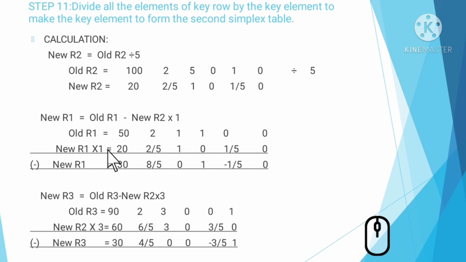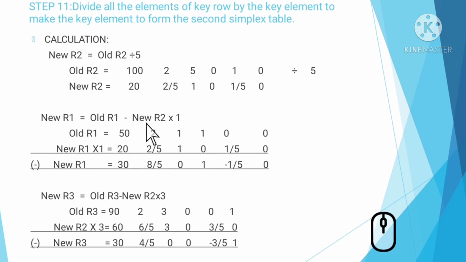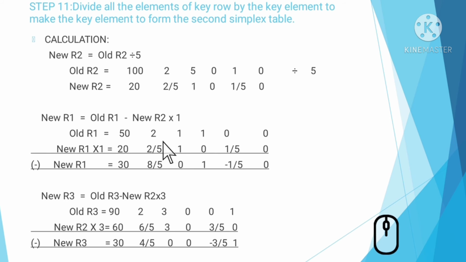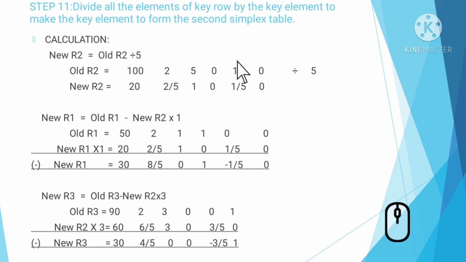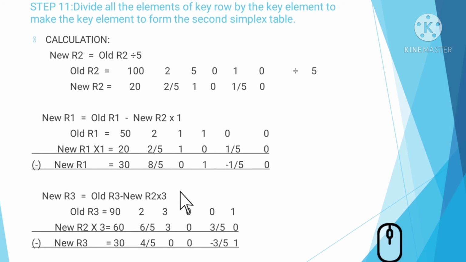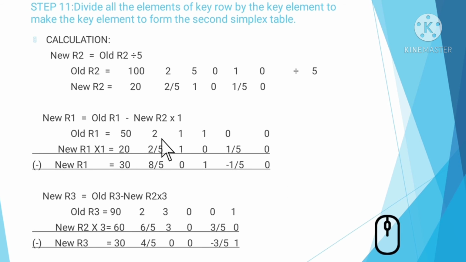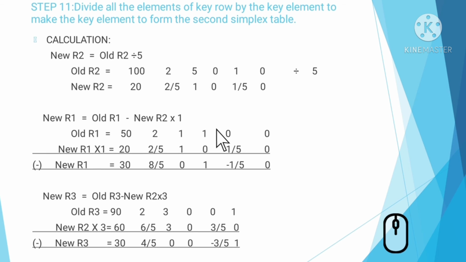So new R2 into 1 is 20, 2 by 5, 1, 0, 1 by 5 and 1. So new R1 becomes old R1 minus new R2 into 1.